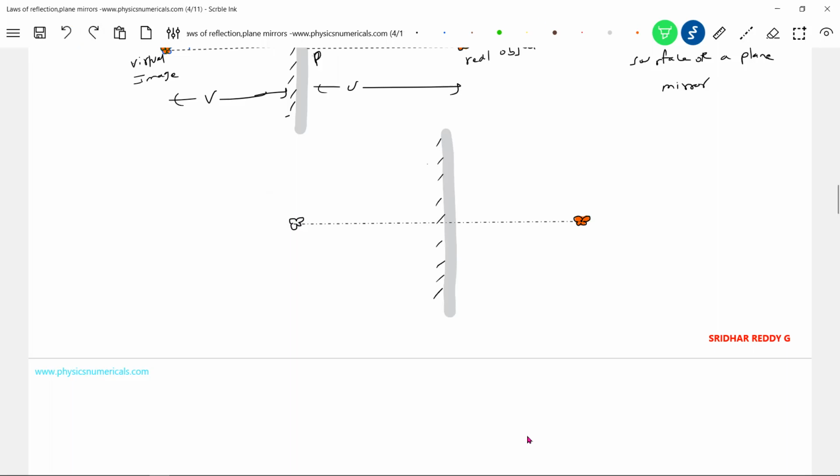This will be the corresponding image. Then can we trace out the rays by any other method?